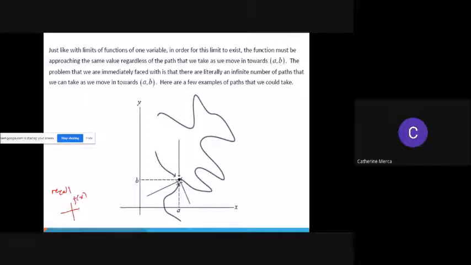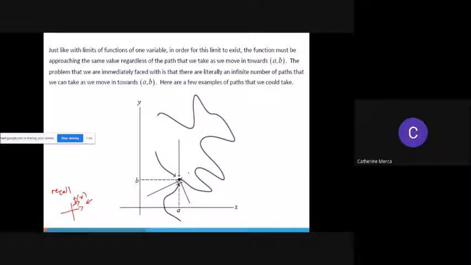If this is your f of x and you would like to approach this function at a certain value a, you only have to approach it either from the left or from the right. So there are only two. But for this one, because we are in 3D, you can imagine that in 3D there are so many paths, not only along the x and y axes.